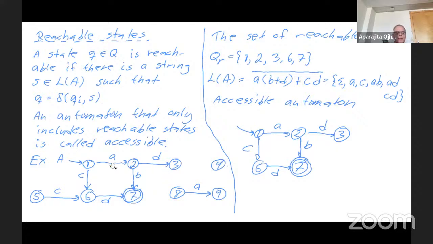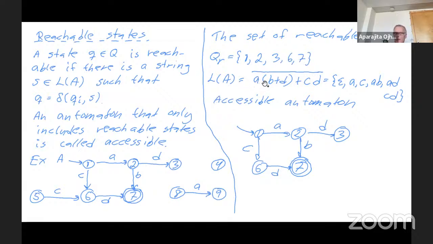But more interesting is that also state 5 is not reachable because there is no string from the initial state to state 5. While there are strings from state 1 to states 2, 3, 6, and 7. So the set of reachable states are exactly 1, 2, 3, 6, 7.